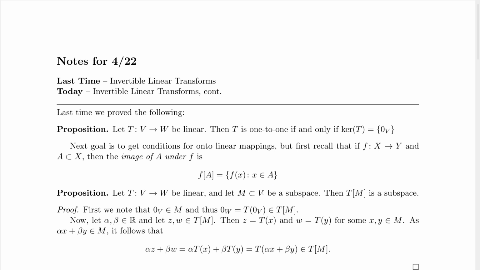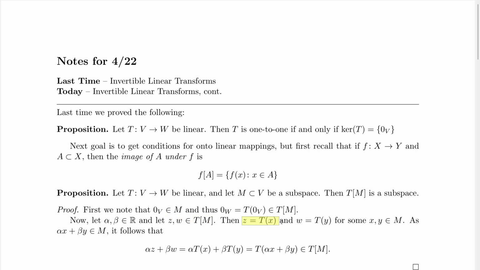So we've got two things to prove. First, that T of M is non-empty. Well, M is a subspace, so it's non-empty itself, and we know that any linear mapping sends 0 to 0, so 0 lands in T of M. Next, I have to prove that T of M is closed under linear combinations. So take two scalars, alpha and beta, and take two elements. Now what does it mean to be in the image?